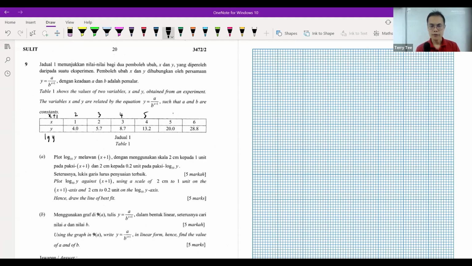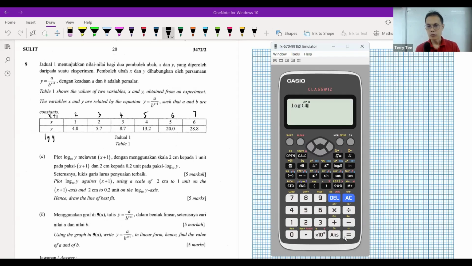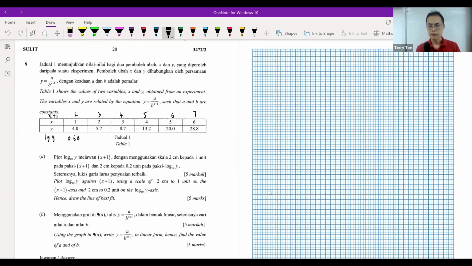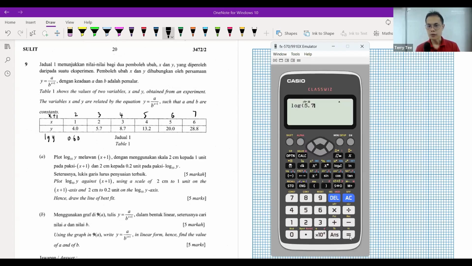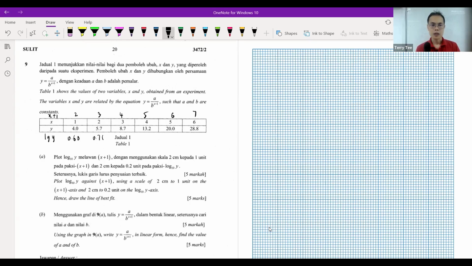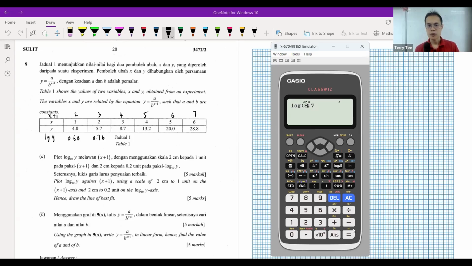4, 5, 6, 7. As for LG, I'm going to type LG, shift log 4, I got 0.60. Then 5.7, 0.76. 8.7, 0.94.